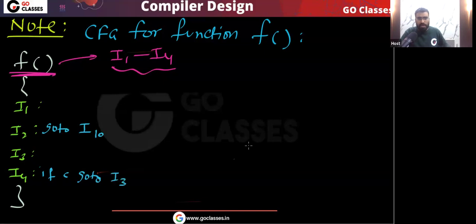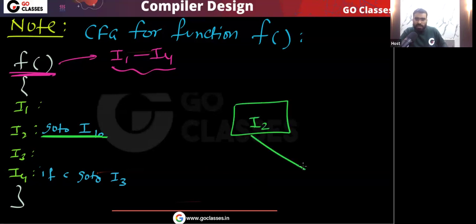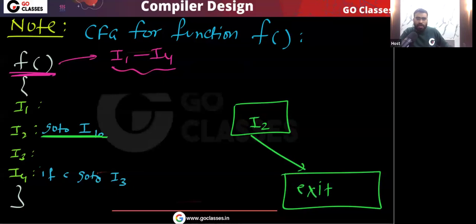In this type of situation, from the basic block which contains I2, there will be an edge to exit, because I10 is not part of f. Maybe this is part of some other function. And there will be another edge from I4.